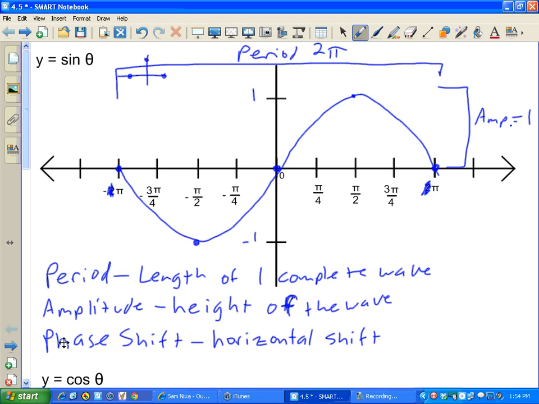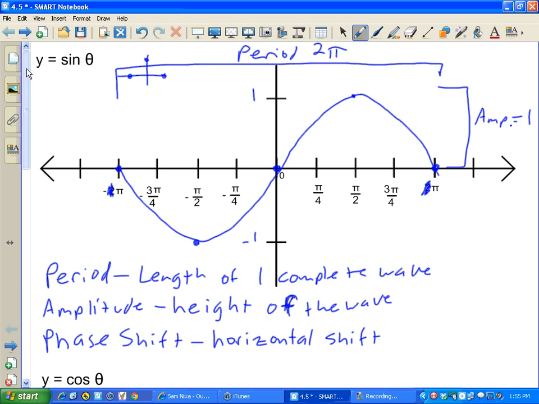It shifts it into a different phase of the wave. But for us, we're just going to be using that as terminology so that when we get transformations in our function, we'll say, what's the phase shift? You know, phase shift is left this much or right this much. It's really our c value from our transformation function.